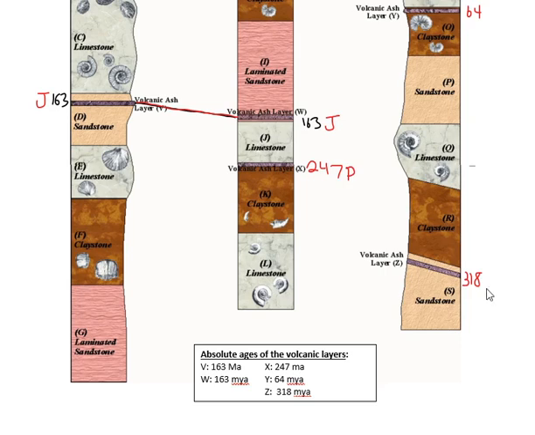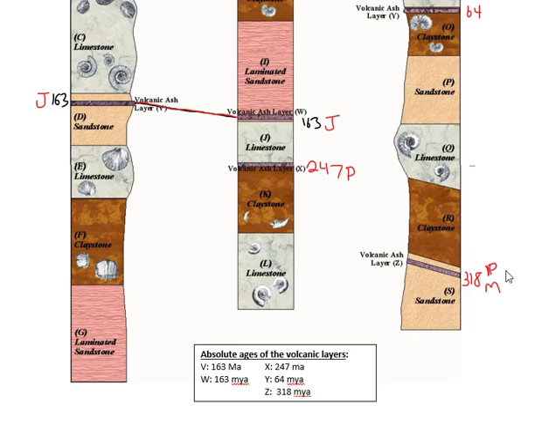And then if you look up the 318 here, you'll see that it is right on the Pennsylvanian-Mississippian boundary. Okay, it's literally the boundary between Pennsylvanian and Mississippian. So I'm going to put an M going this way, and we do a fancy, thick P like that for Pennsylvanian, to discriminate between Pennsylvanian and Permian.